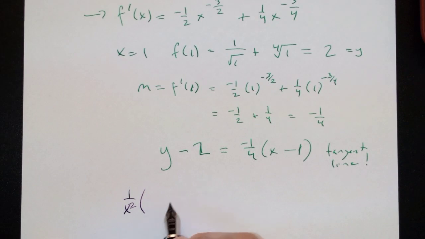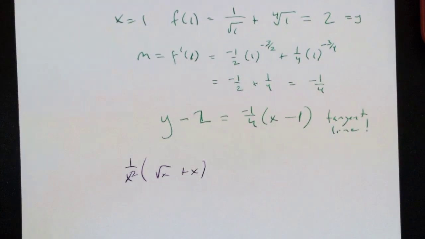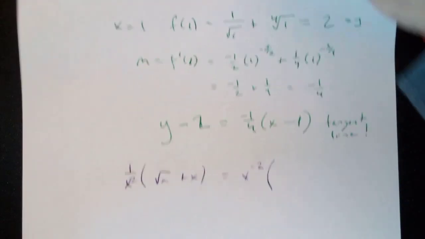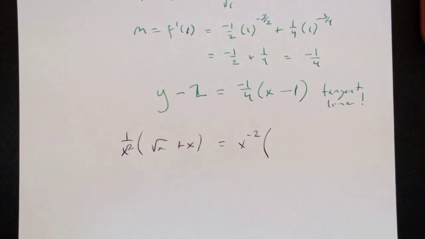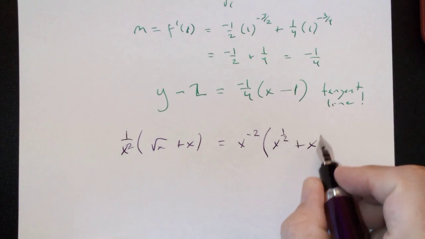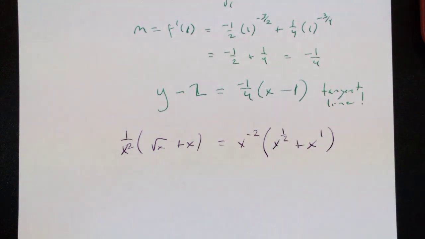Which one's first? Plus x. Well, wait a minute. That's in the bottom. I don't like things in the bottom. That's x to the minus 2. What's the square root? And x is just x to the 1.